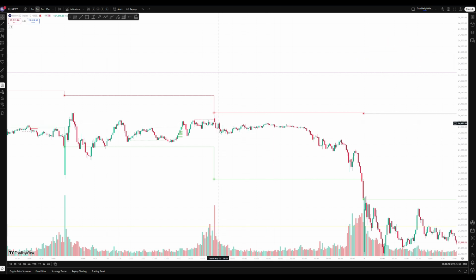Otherwise, this candle's low is broken, this candle's high, basically you short the bigger candle, because the liquidity grab has happened in the first or second candle. So now if you see, ideally market is supposed to go down.